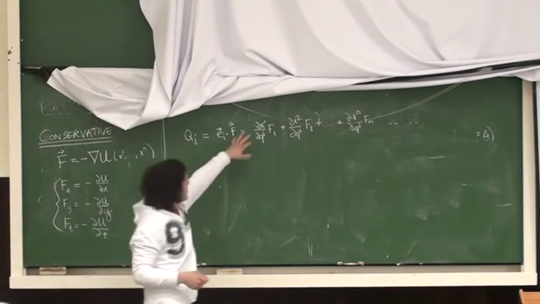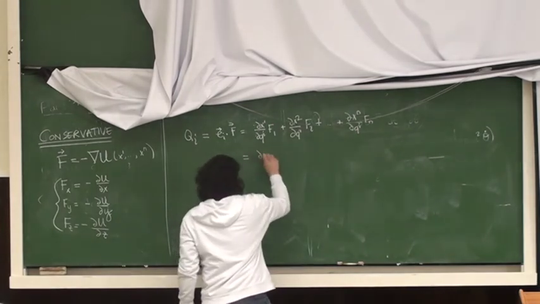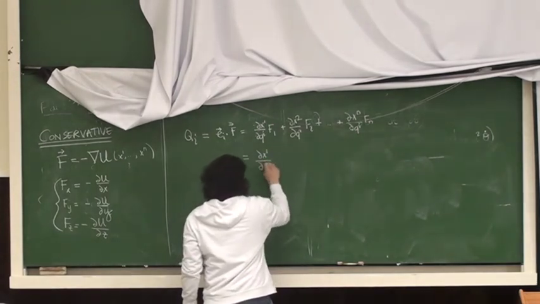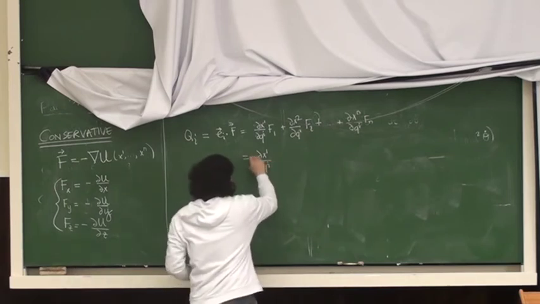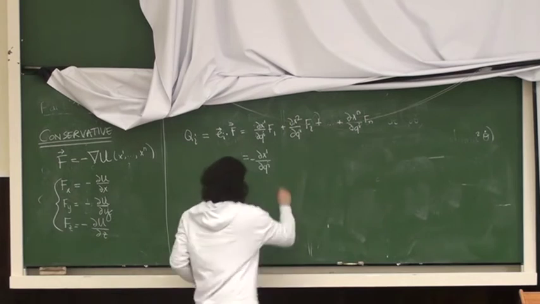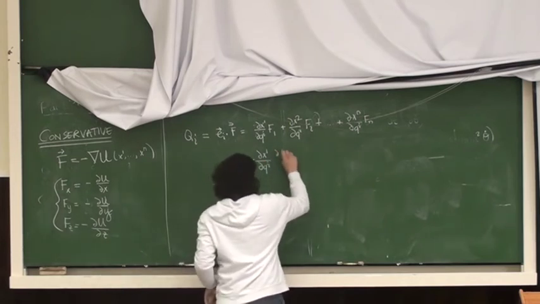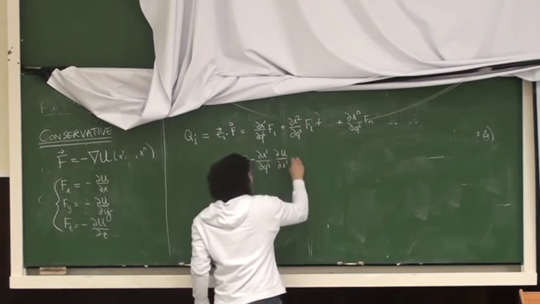So we can write this out. This is ∂x1/∂q_i. Let's put a minus, it's going to come. F1 is minus ∂U/∂x1.